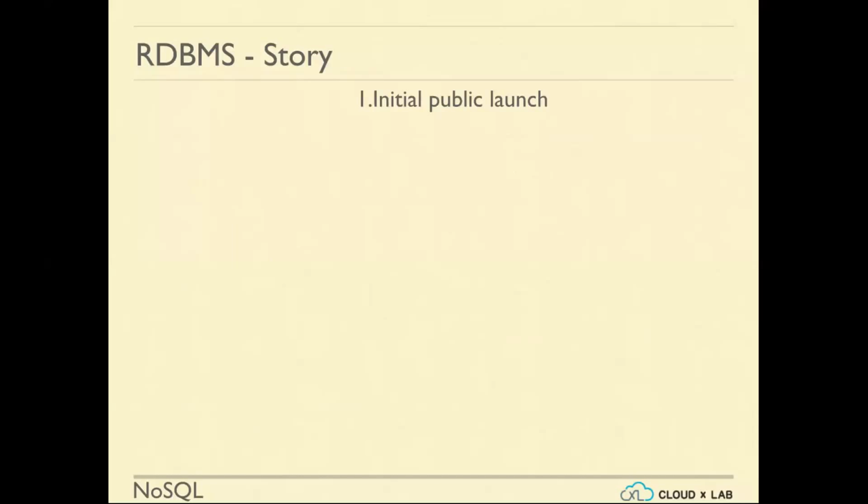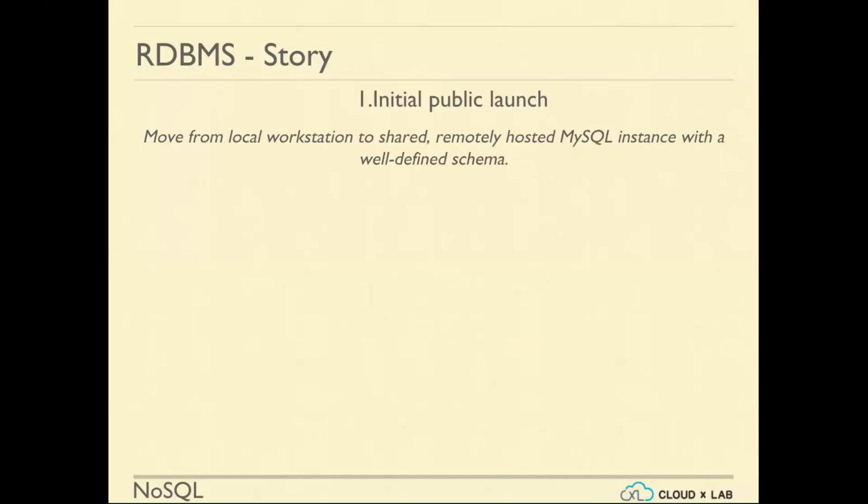Let's say you build one of the wonderful products of the world. You have this wonderful idea, you build a product, and now you're doing a public launch. So you move your data from your local workstation and put it on a remotely hosted MySQL instance with a well-defined schema. This is day 0.